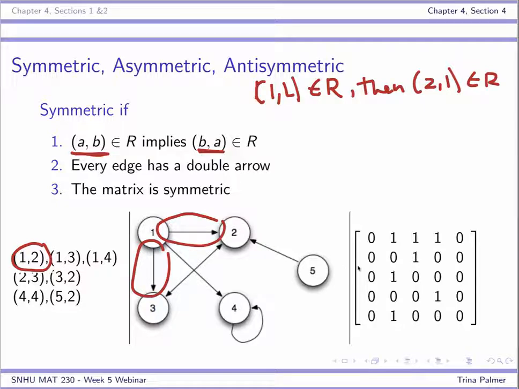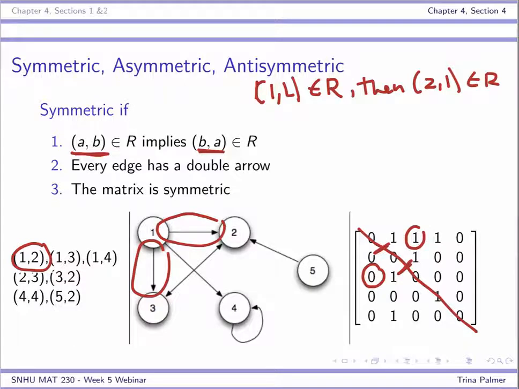Informally, if I draw a line on the diagonal, think of that as a piece of paper, and fold it along that diagonal, everything has to match up. These ones match up, but this 1 and this 0 don't match. So again, there are lots of reasons why it's not symmetric.